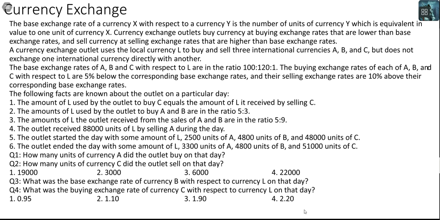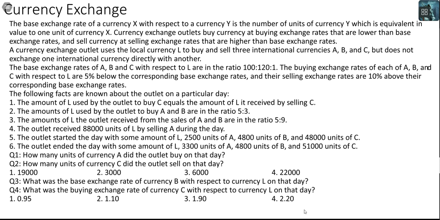Currency exchange outlets buy currency at buying exchange rates that are lower than base exchange rates and sell currency at selling exchange rates that are higher than base exchange rates. A currency exchange outlet uses the local currency L to buy and sell three international currencies A, B, and C, but does not exchange one international currency directly with another.